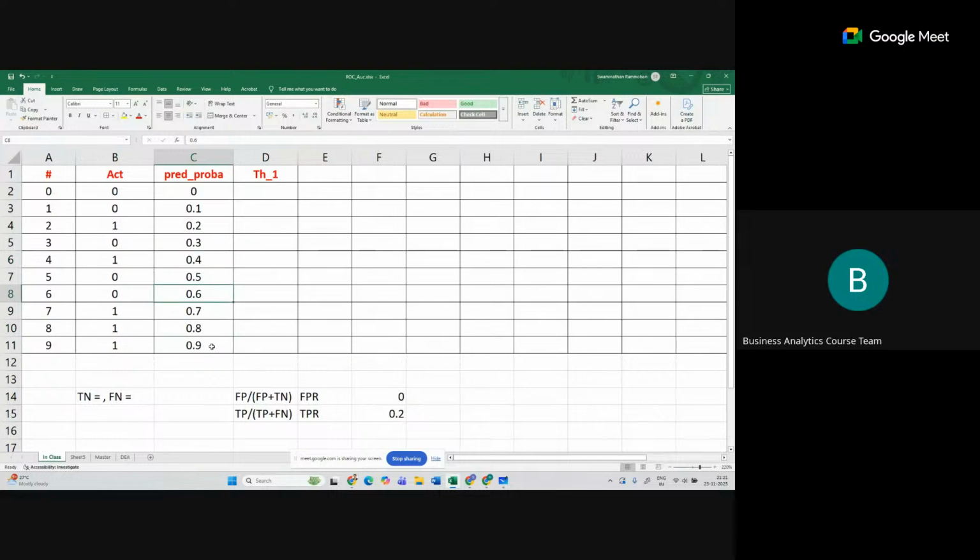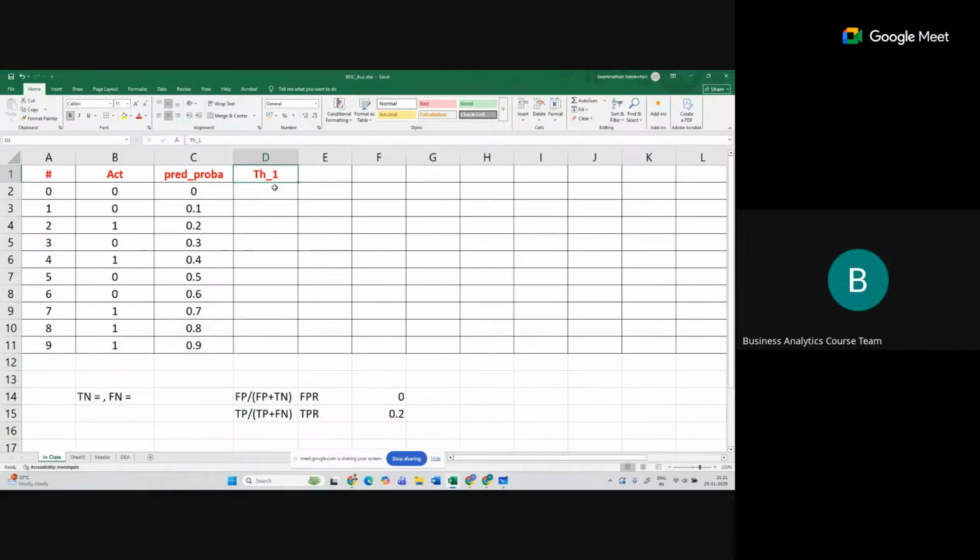Now I'm going to take something called a threshold. What is a threshold? It is the value beyond which we consider a prediction positive or negative. Greater than or equal to the threshold will be 1, the positive class. Lesser than the threshold will be the negative class.